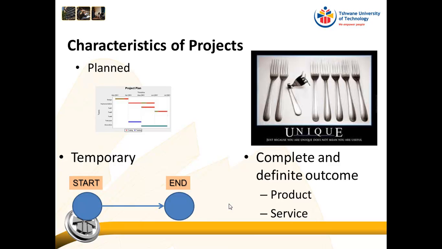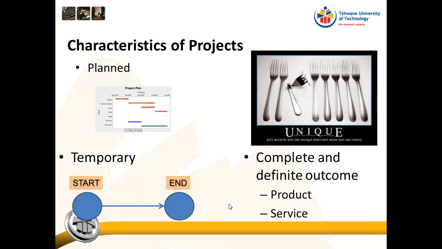So you will see that a product can also be produced by operations or management, because I also produce a product, which is a fork, when I use the factory and I repetitively make forks every day. But for a project, that product is unique.